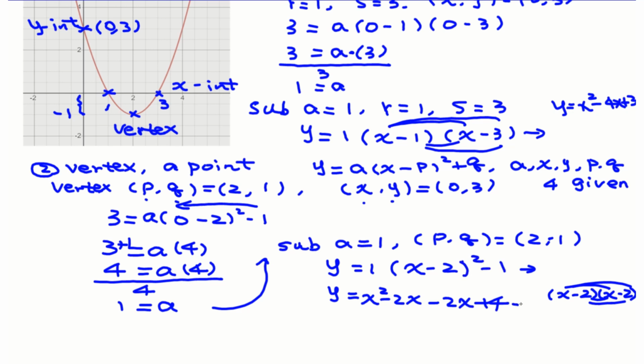Then minus 1, we are going to have x squared minus 4x plus 3. You will see the standard forms are the same.